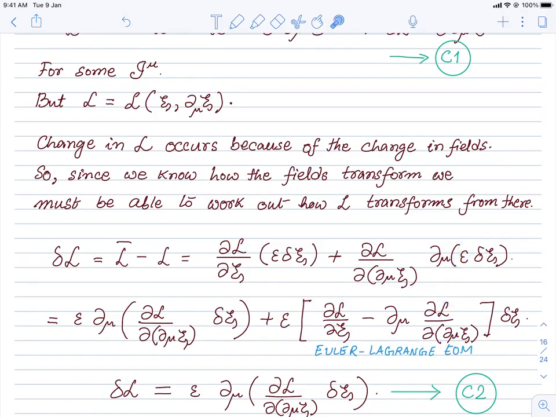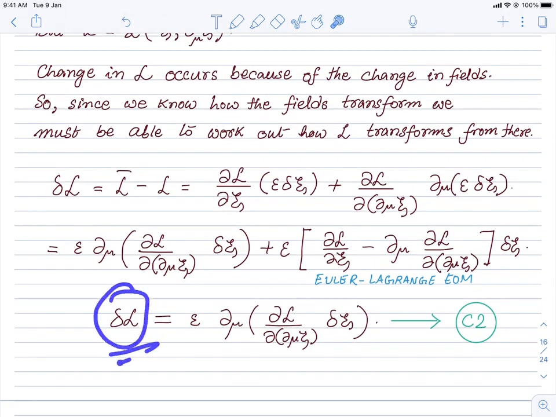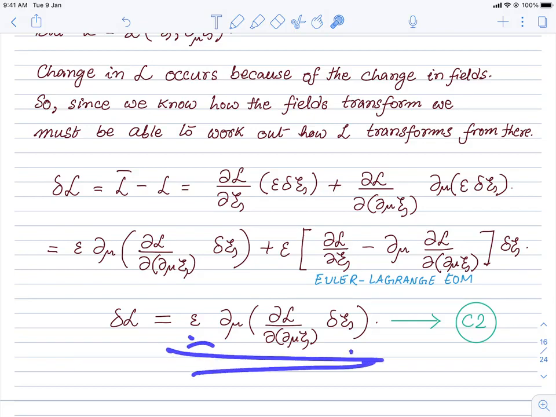This can be set to 0 because this is the Euler-Lagrange equation, and therefore the variation in the Lagrangian density, because of the way the fields transform in a given way, is given by this expression here, epsilon times this expression.